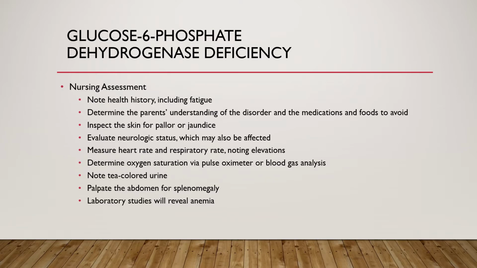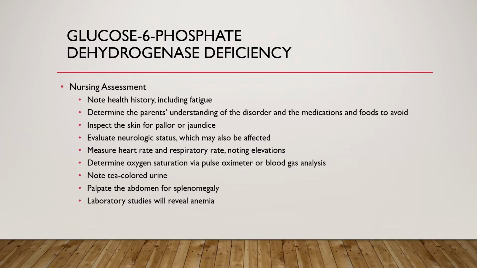G6PD, fairly rare. History, including fatigue, foods to avoid, inspect for pallor, check neuro status. Here's the key thing. Tea-colored urine is fairly common in this because the blood cells are being excreted in the urine.